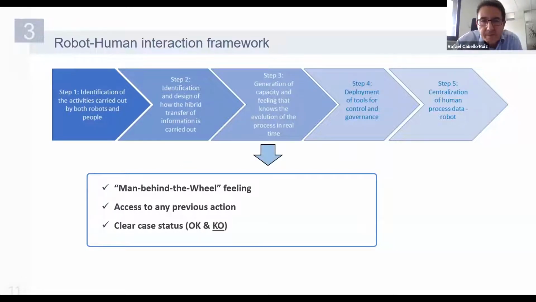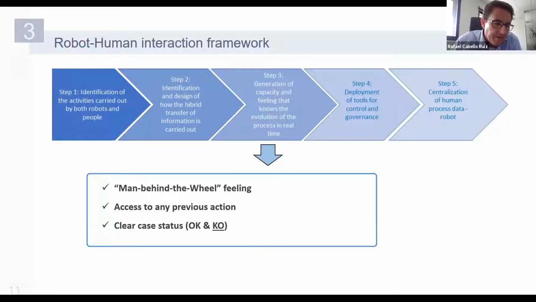Step number 3 is something psychological: you have to give the human the feeling of controlling the process, even if in reality you put a McDonald's vision on the process, because some systematic actions are carried out by the robots, other cognitive or difficult actions are done by the humans, and the rest by the robots.